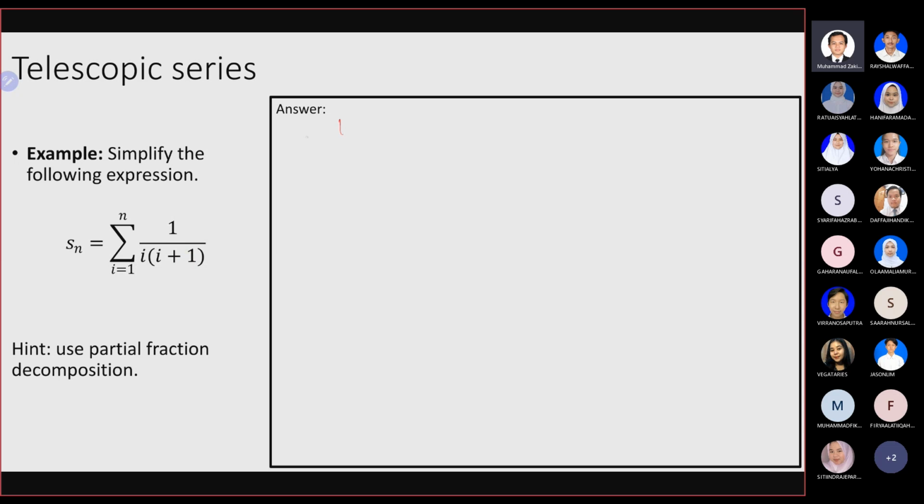So we have 1 over i times i plus 1, which is actually, if we use partial fraction decomposition, equal to something over i minus plus something over i plus 1. So this should be, I think, 1 minus 1.